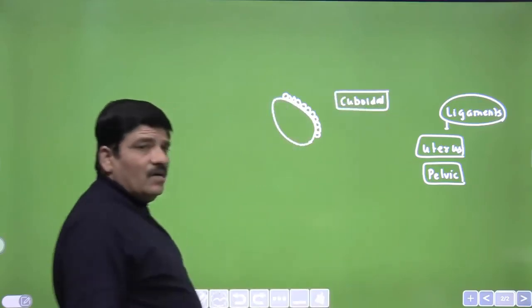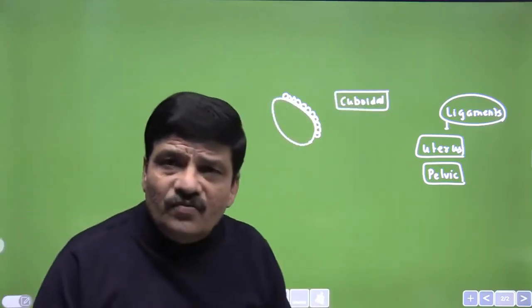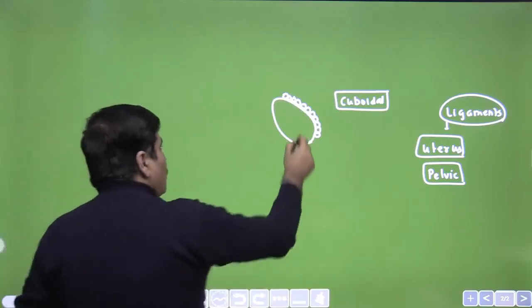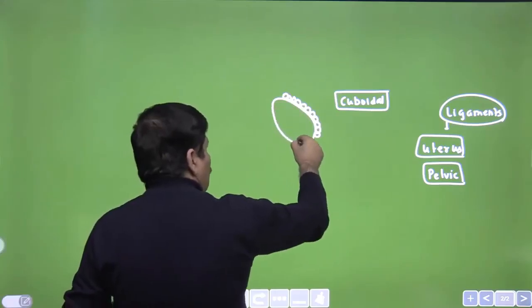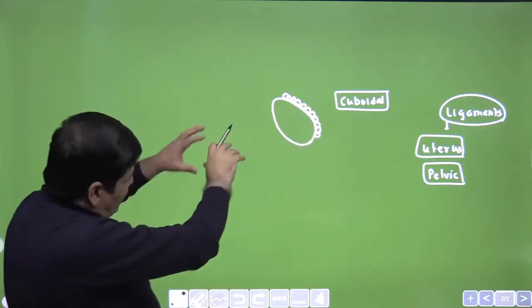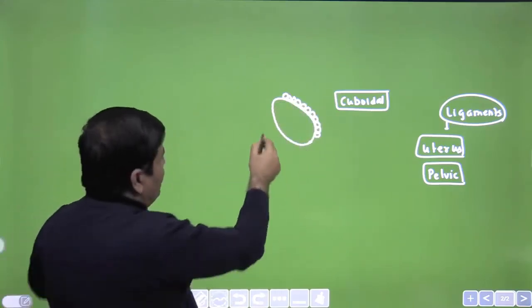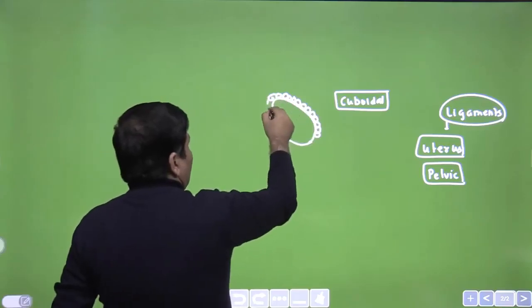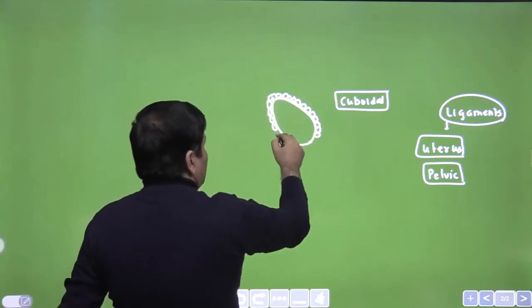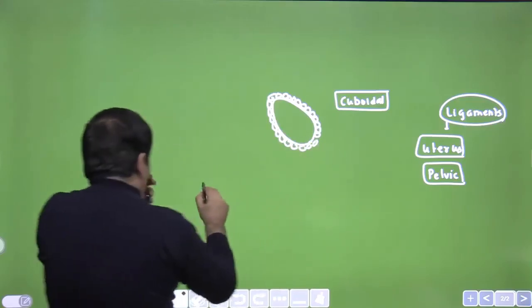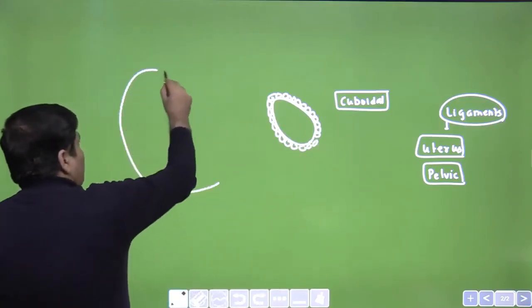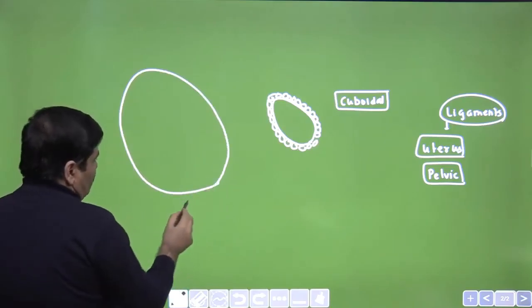Cuboidal epithelium covers the surface of the ovary. Now this cuboidal epithelium encloses what is called the stroma. So the entire thing that is present inside the covering of the epithelium would be called the stroma, and this is the stroma of the ovary. So let us neglect the epithelium for some time.